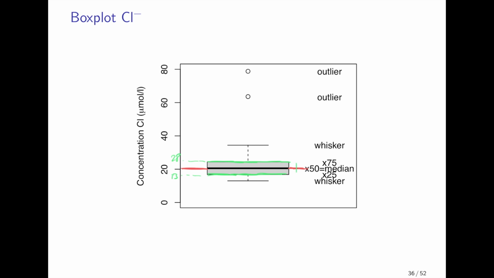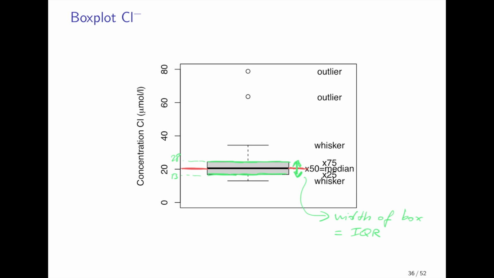Now, the size of the box, so the width of the box, that is precisely the interquartile range, because that is the difference between the 75th and the 25th percentile.